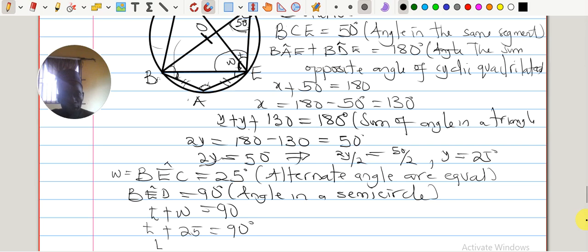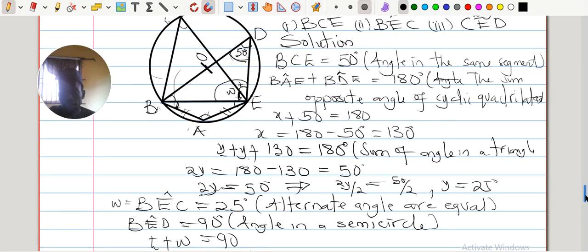Now we can have t equal to 90 minus 25, which is equal to 65 degrees. Okay, don't forget that we want to determine CED. Let me just write it here, CED.